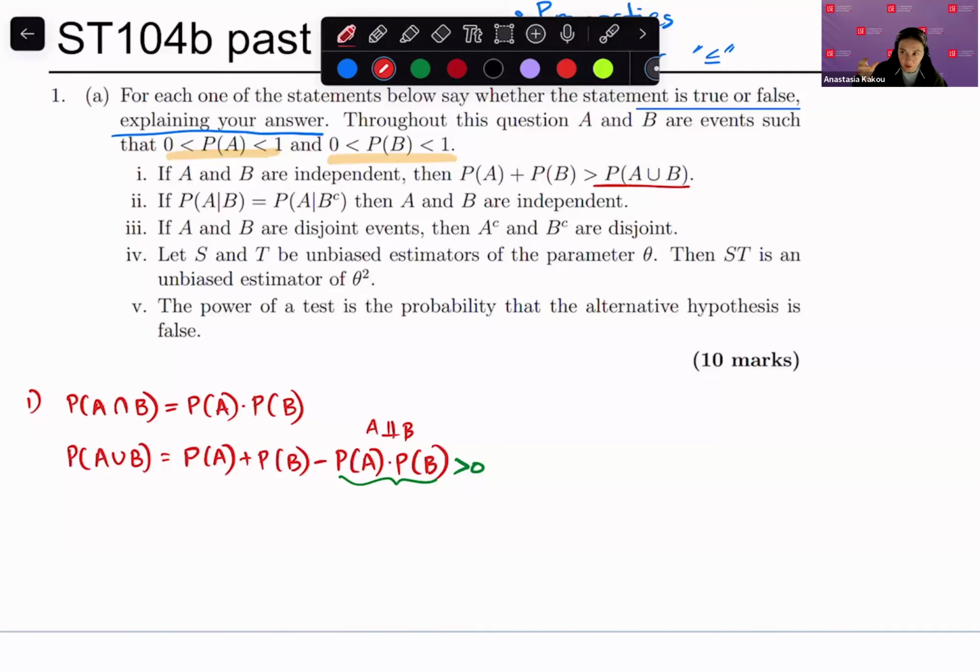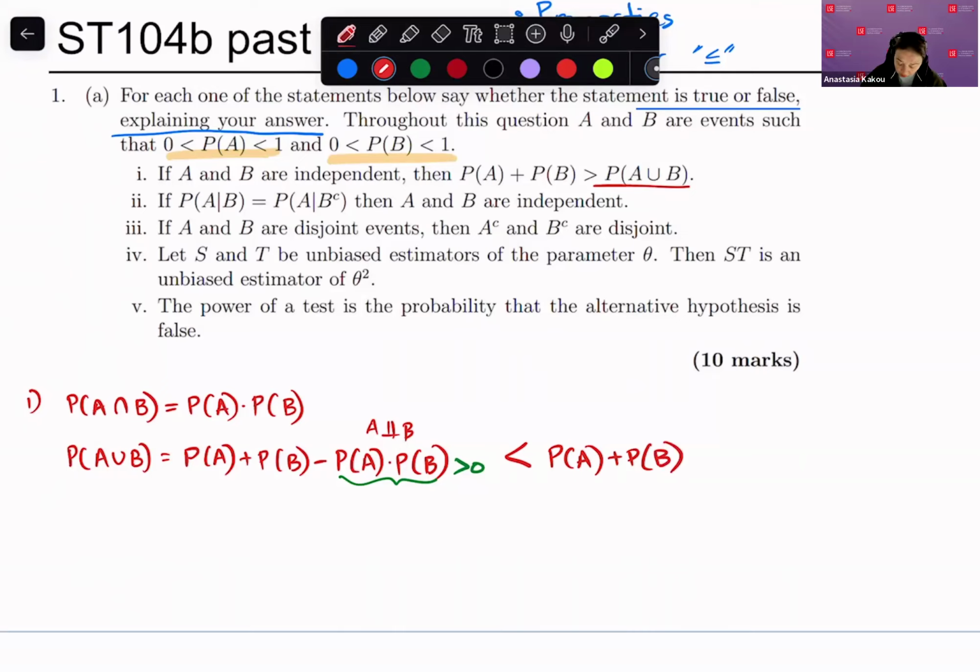If I subtract a strictly positive term from a summation, the result is smaller than the original summation, so the probability of the union is strictly less than P(A) plus P(B) if we delete that third term.